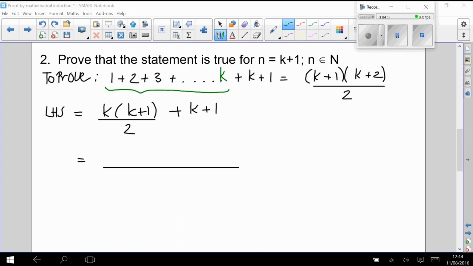As the second part of the expression, the second term, had a denominator of 1, that is the part that needs to be times by 2. So if everything is all over 2, I still have k, and then k plus 1 for the first term, but then for the second term, I need to times that all by 2. In my next step, I'm going to simplify the numerator.